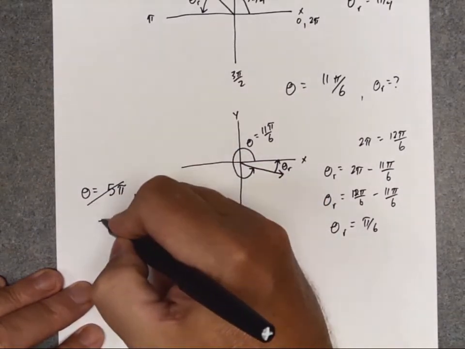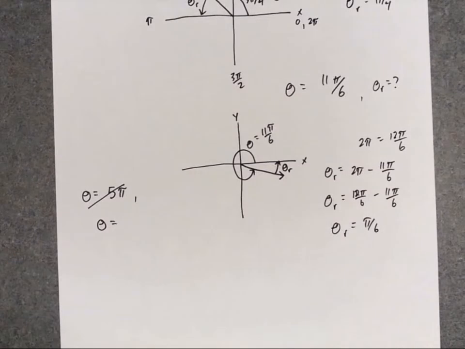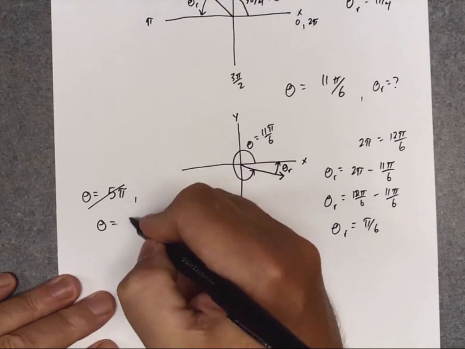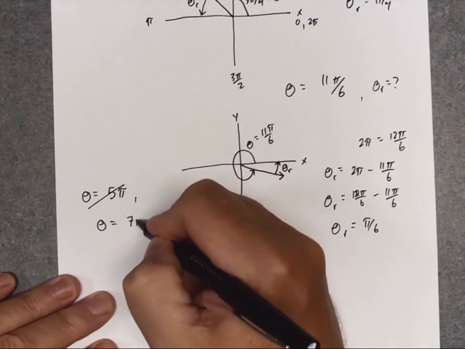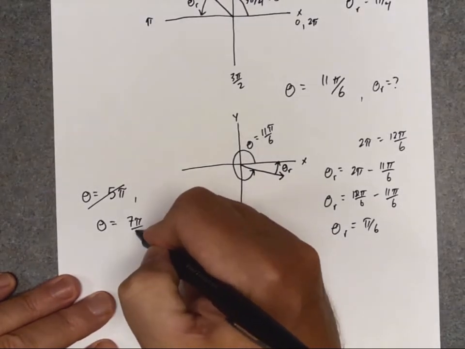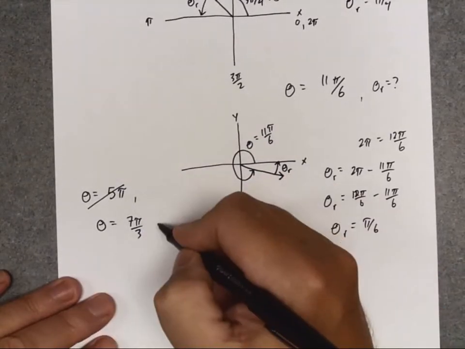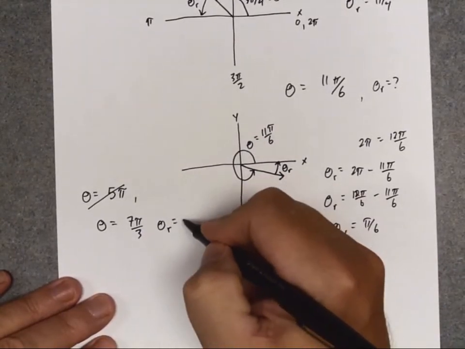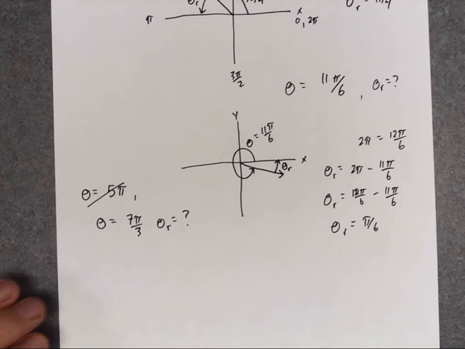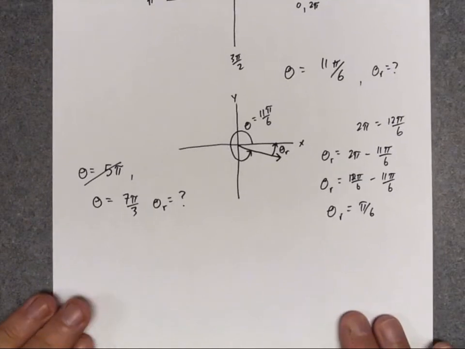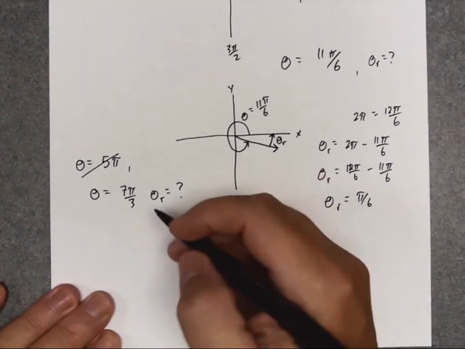Sorry, I'm actually sort of making these up as I go. Let's say my angle is 7 pi over 3, and I want to know the reference angle. Let's see if we can figure out what 7 pi over 3 looks like.